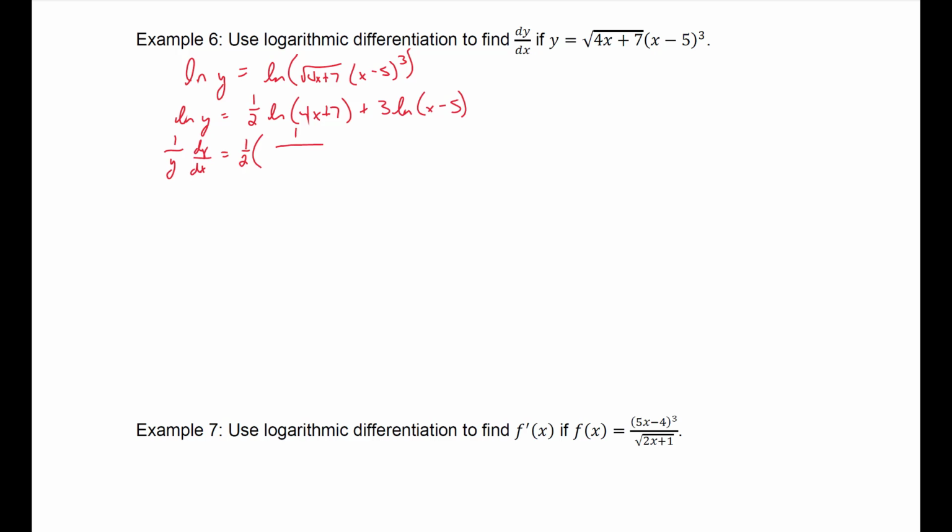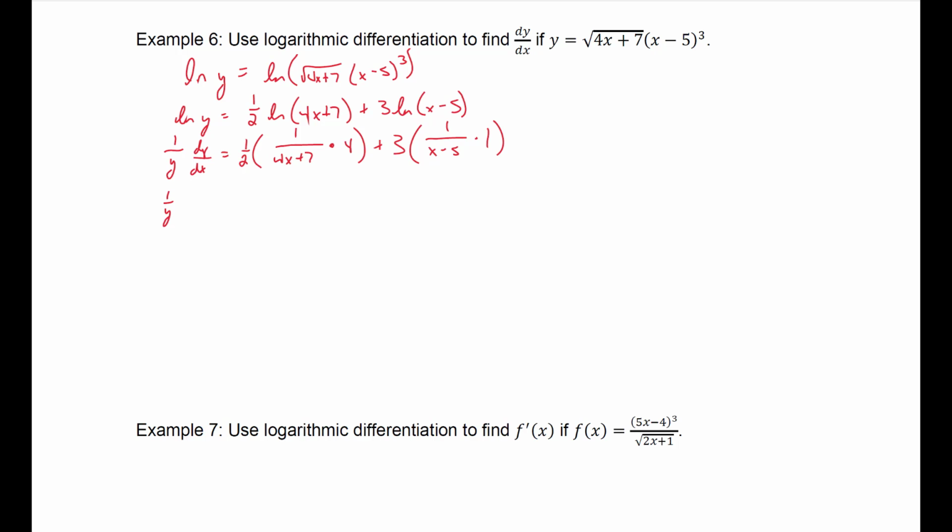So the derivative of natural log blah is 1 over the blah, so 1 over 4x plus 7, times the derivative of that 4x plus 7, which is 4, plus 3 times the derivative of natural log of x minus 5, so 1 over x minus 5 times 1, again using the chain rule.